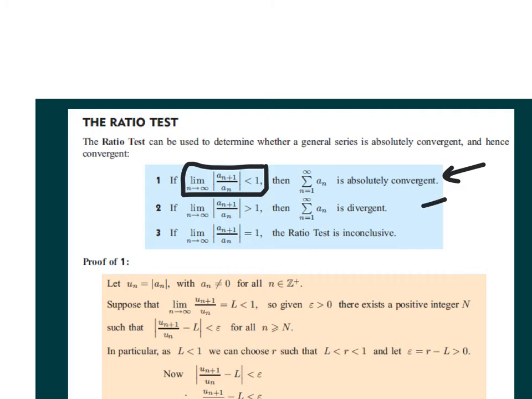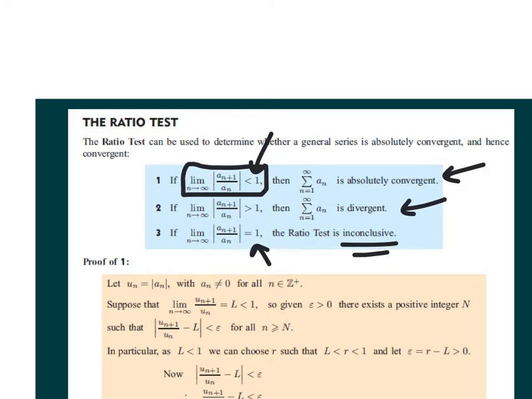If it's greater than 1, it's divergent. If it's equal to 1, that test isn't going to help us. So it's kind of like the geometric series where the absolute value of r is between -1 and 1, right? That less than 1 value, okay?